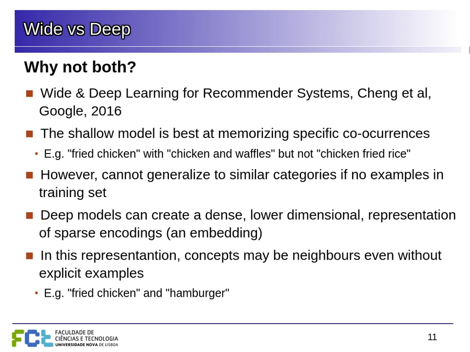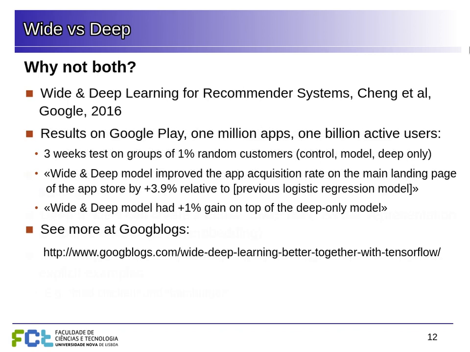So to optimize that, they put the two together and could actually increase about 1% over the deep-only model and improve the app acquisition rate 3.9%. So when you consider the 1 billion active users on the shop, increasing 3.9% the amount of money they spend is actually a very good result. So even though 3.9% doesn't seem impressive, it depends on the application. Okay?